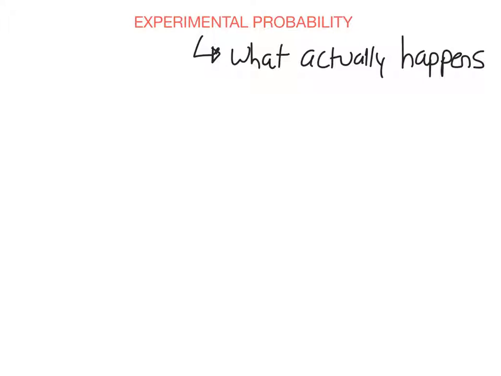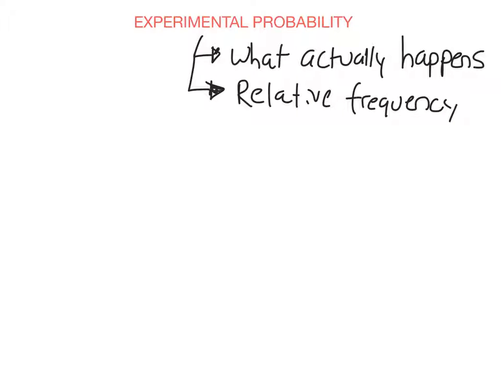So experimental probability would be if I actually do the experiment, the proportion of times something happens. It's also known as, and it's pretty much the same thing, as relative frequency. And so relative frequency or experimental probability doesn't have to equal theoretical probability.